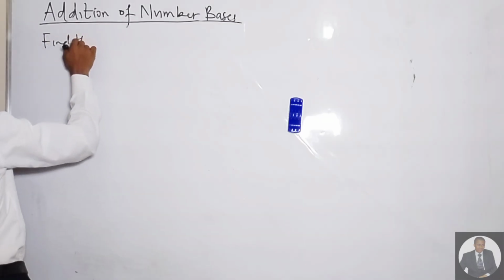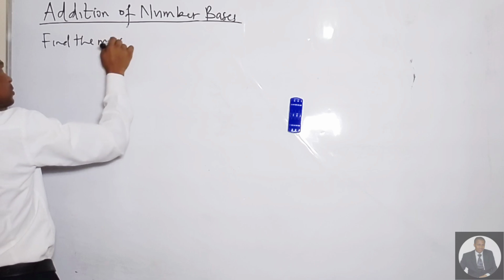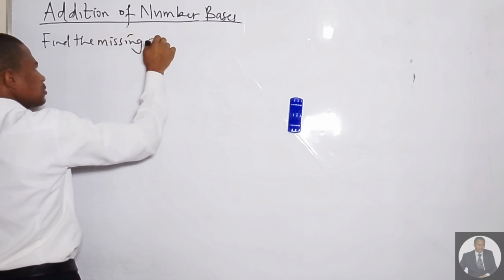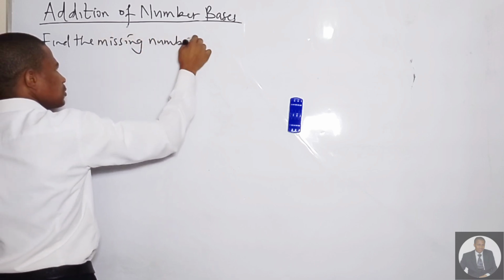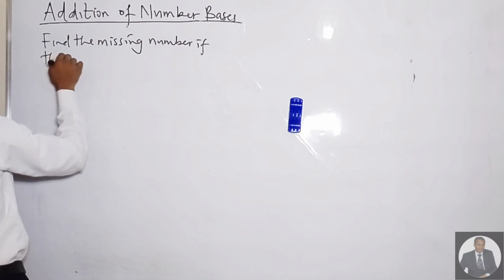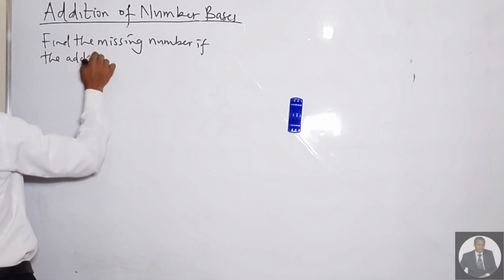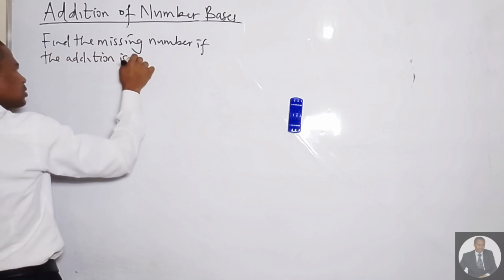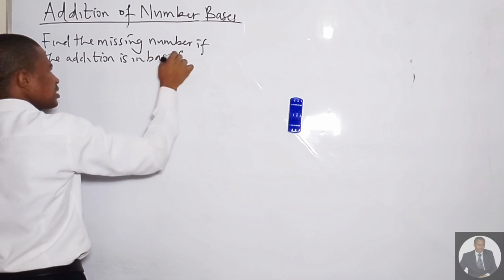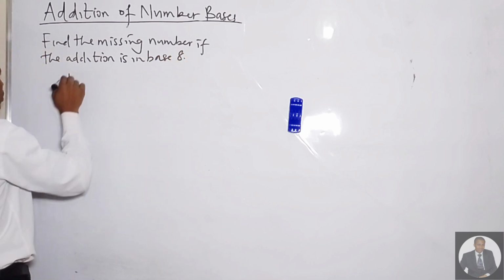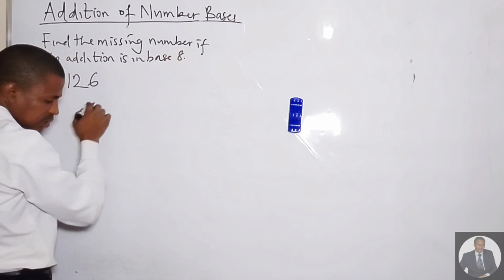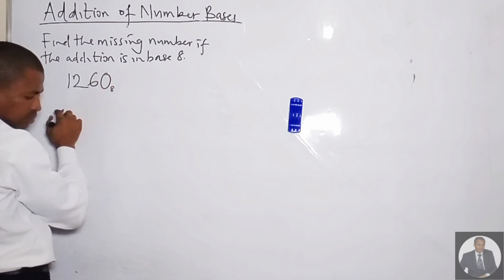Find the missing number if the addition is in base 8. So we have 1, 2, 6, 0 base 8.